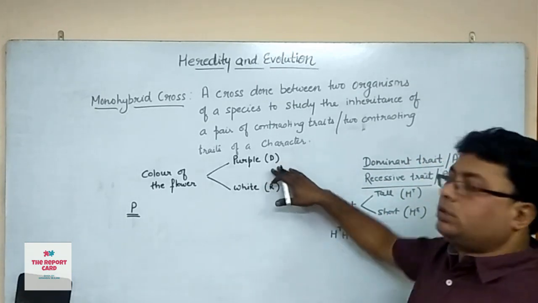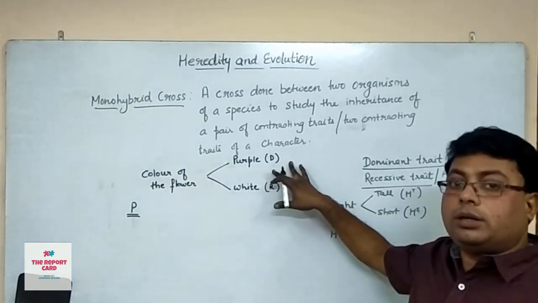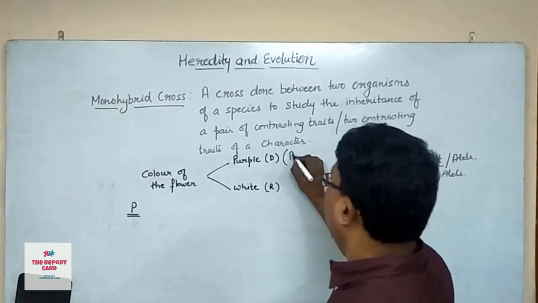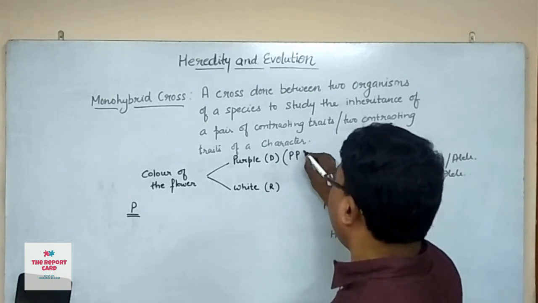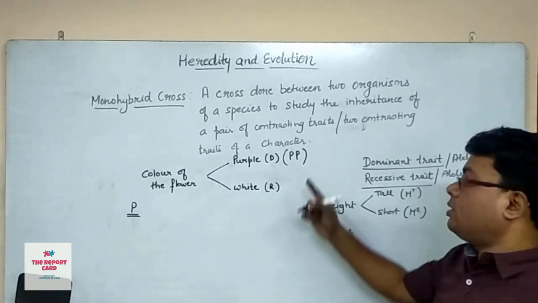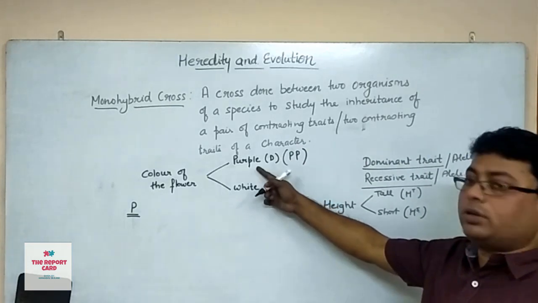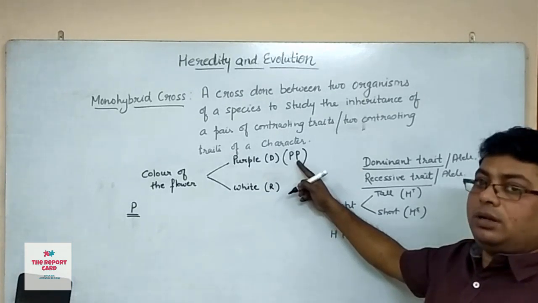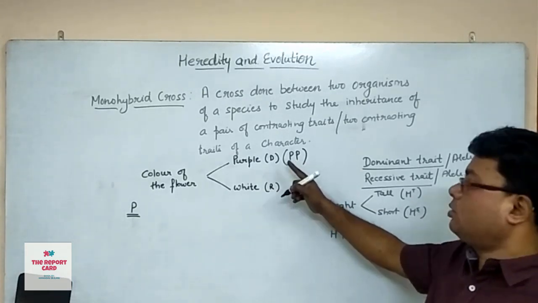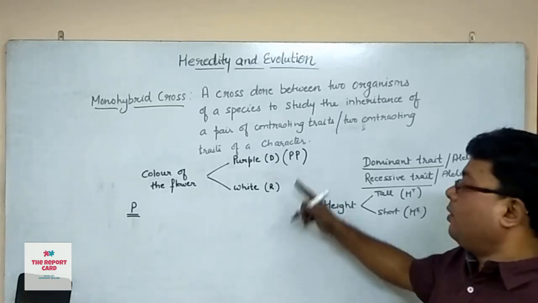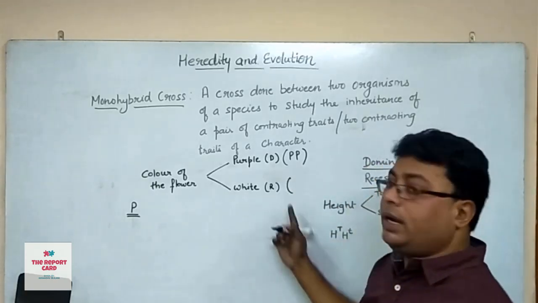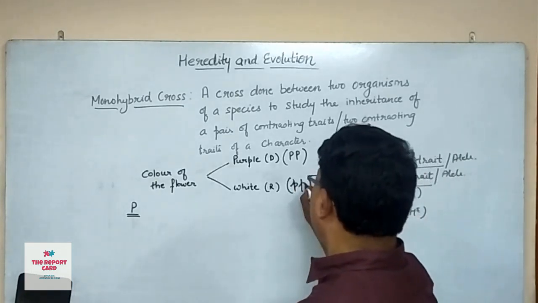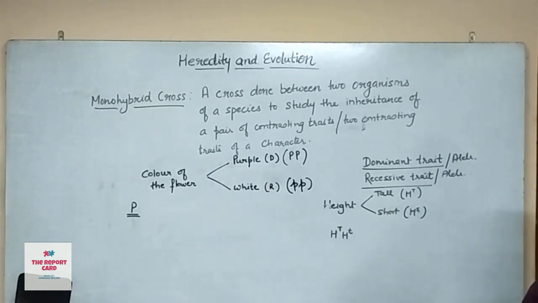Now let us talk about the purple. Since it is a dominant trait, I am going to depict the genotype of this trait by writing capital P, capital P. Because there are always two alleles responsible for this trait, and since it's a dominant allele, I am going to use the capital letter, or the uppercase. So capital P and capital P. Then how are we going to depict white? Yes, the lowercase of this, that is small p and small p.